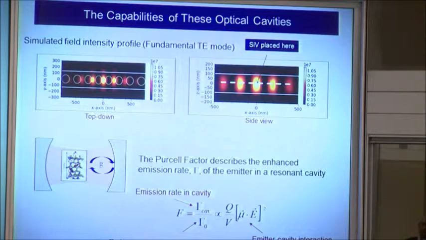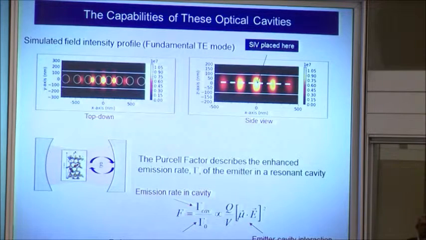This metric, this high Q over V, we can also express as a Purcell factor, F. And that Purcell factor says that if I put my emitter or defect in exactly the right place in the cavity, and if the cavity has been designed in the correct way to amplify uniquely the frequency of the emitter that I place within it, then what happens is that the emission rate in that cavity actually can be many, many times faster than the emission rate in free space.